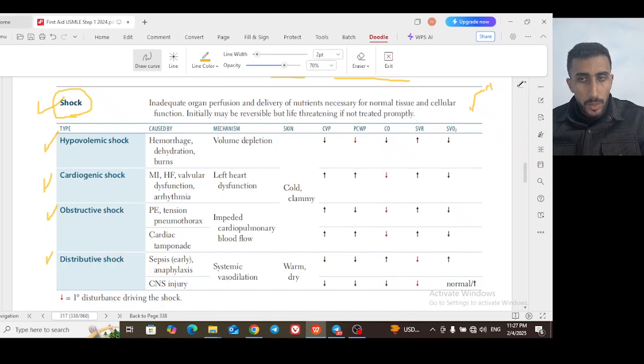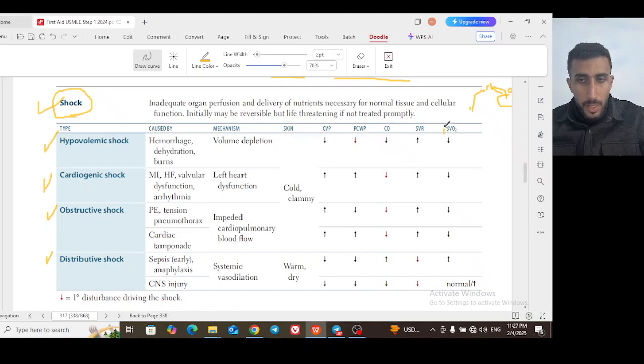So it will transmit the back pressure from the left atrium, and this catheter will measure the left atrial pressure. So pulmonary capillary wedge pressure is equivalent to left atrial pressure. Whenever you hear pulmonary capillary wedge pressure, it is equivalent to left atrial pressure. And this is the CVP, central venous pressure.